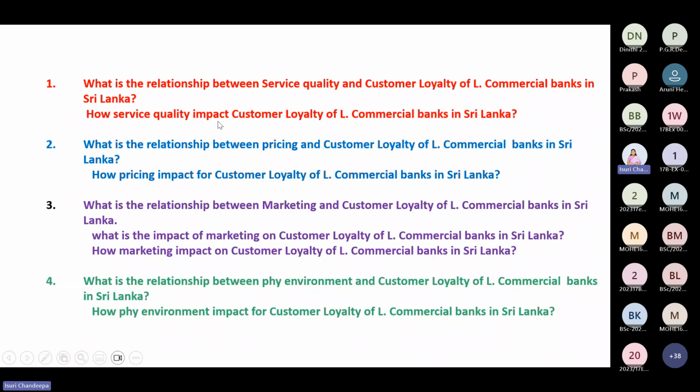The second, what is the thing that you are going to do? You are going to test the impact. The third one, placing the independent variable, service quality. Fourth, placing the dependent variable, customer loyalty. And the research area or else the sample, which is the licensed commercial banks in Sri Lanka.